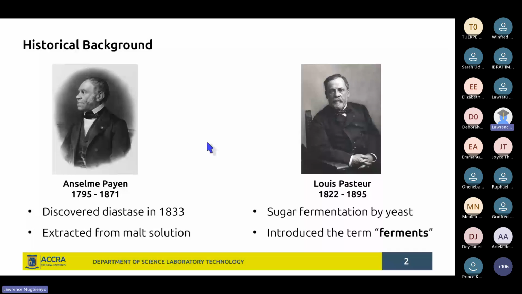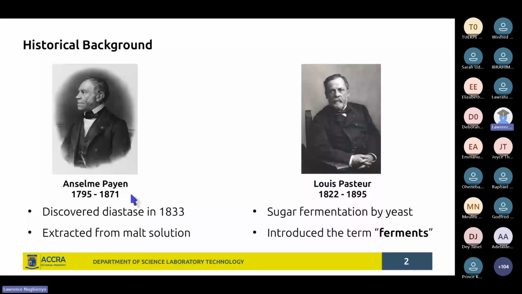So as I was saying, by the end of the 18th century and the beginning of the 19th century, scientists had known that there is this digestive action of extracts of plants, for instance, on food substances like proteins and sugars.